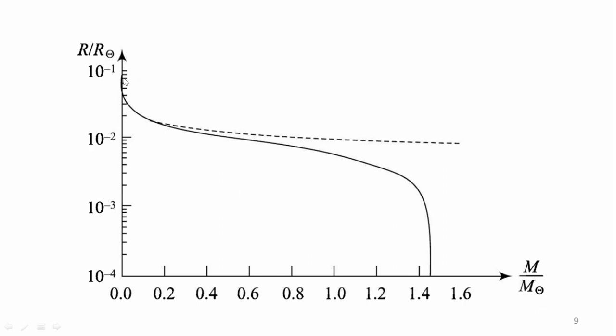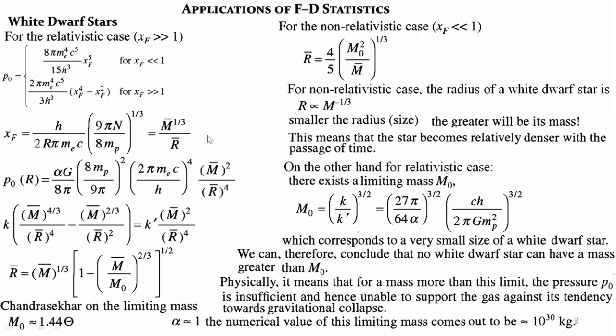So what you would find is, whenever this m is very small in comparison to m theta, then the white dwarf star has some finite radius, and then that radius keeps on decreasing as you increase the mass. You can see that from this expression. This radius will decrease as m will increase.